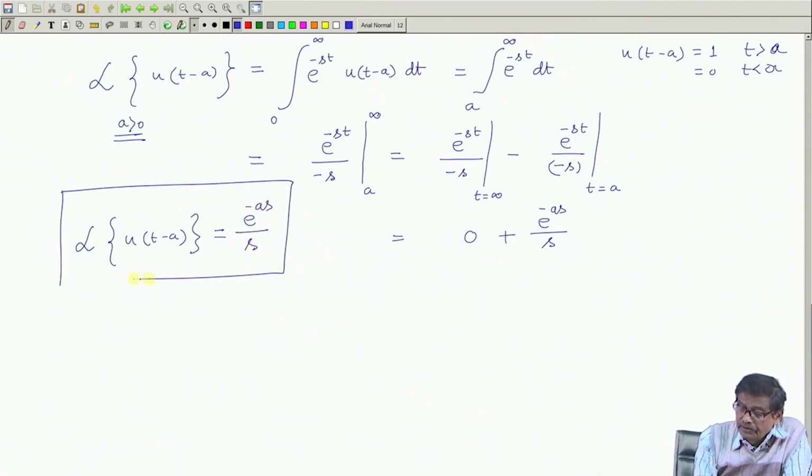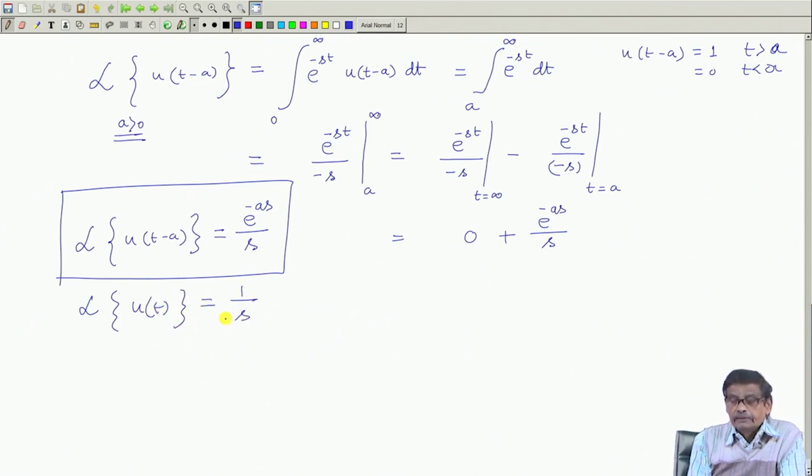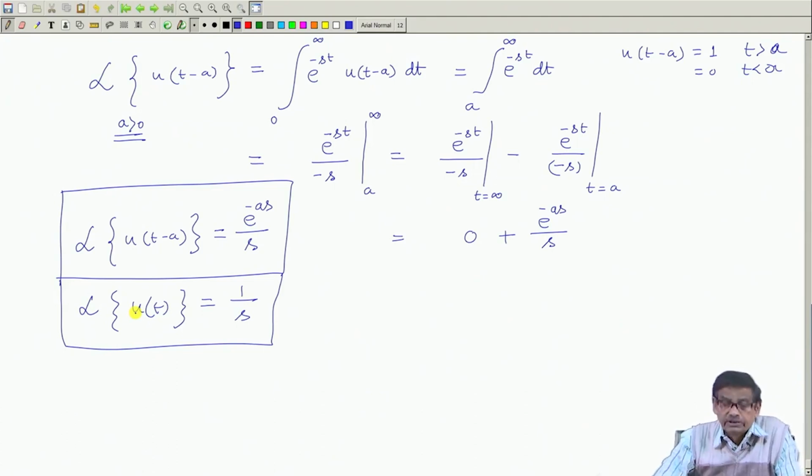And above this, we have seen that the Laplace transform of u(t) is equal to 1 over s. So, this integral I have to only calculate to find out the Laplace transform of a given function.